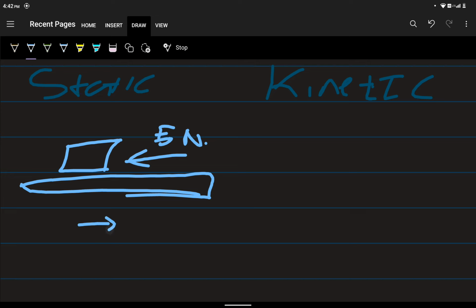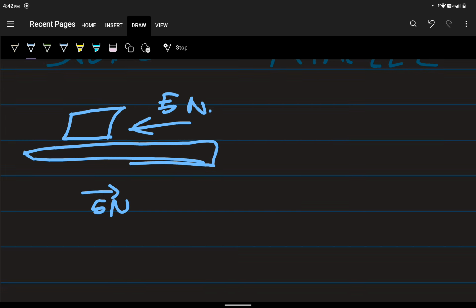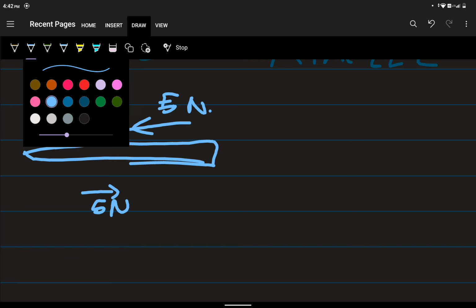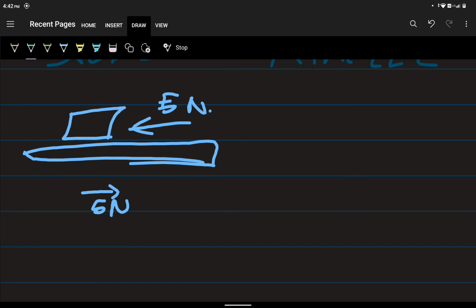So the force that this object exerts back on the person is going to be 5 newtons. So this force opposes the tendency of motion. Now it doesn't oppose the motion because the object is not moving, but it opposes the tendency of motion of that object, so it's keeping it from moving, right?